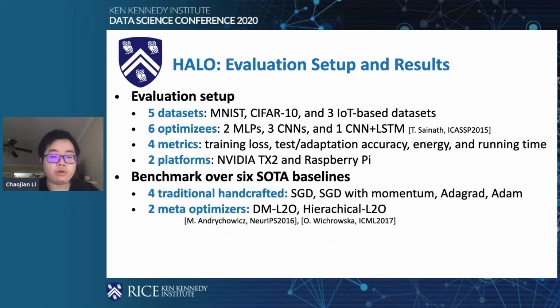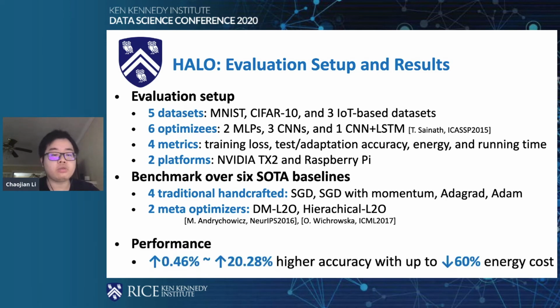And when comparing with six baseline optimizers, including four traditional handcrafted optimizers and two learned optimizers, Hello could bring higher accuracy with up to 16% less energy cost.